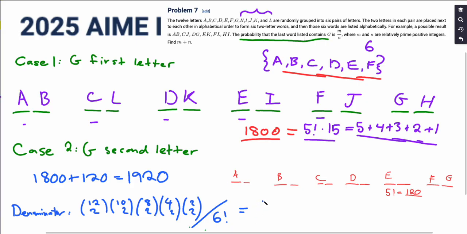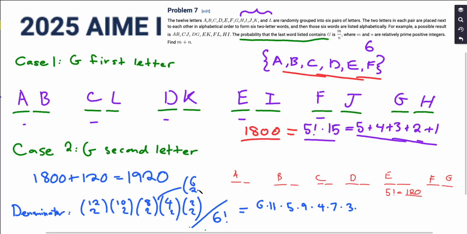Okay, well, instead of actually bashing it all out, we know that 12 choose 2 is 12 times 11 over 2, which is 6 times 11. We know that 10 choose 2 is 5 times 9. We know that 4 choose 2 is 4 times 7. Oh, here I forgot about 6 choose 2.